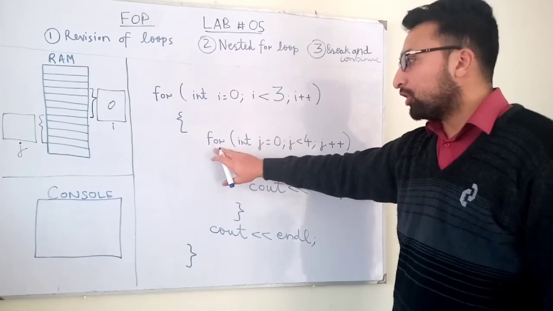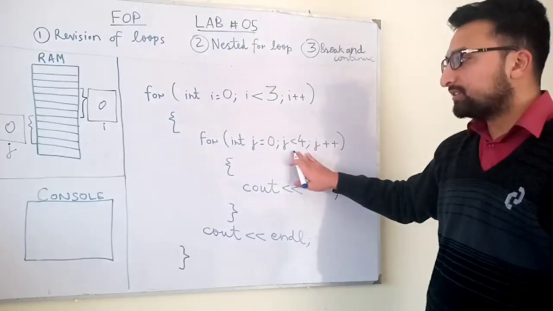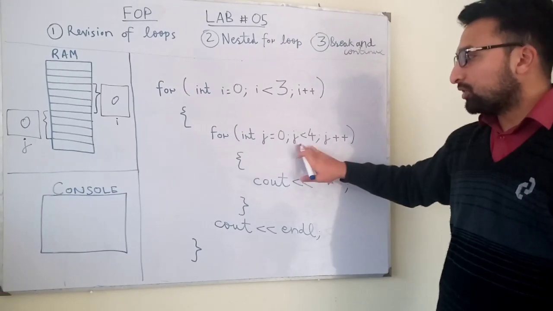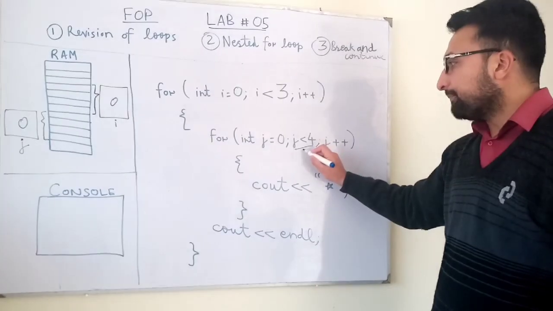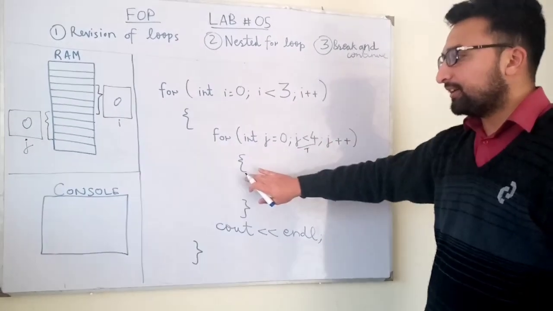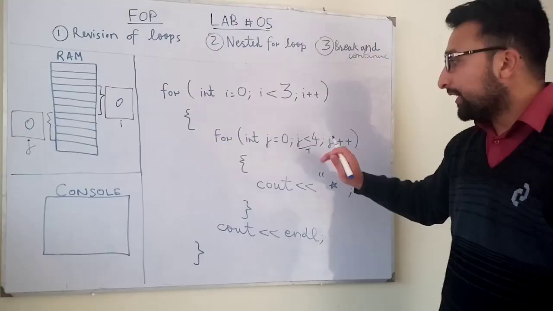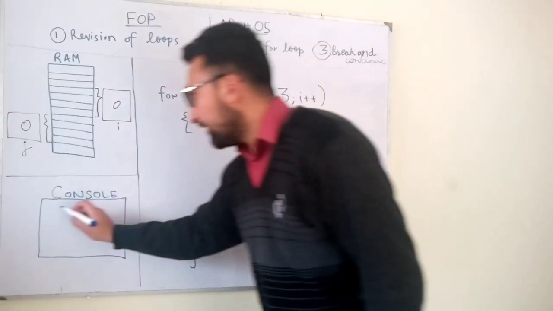In the inner for loop, a variable j is initialized to 0 as well. Now j is evaluated for less than 4, whereas i was evaluated for less than 3. 0 is less than 4 is a true statement, and when the for loop has a true statement, it comes inside the brackets for the execution of its body. Here a star gets printed on the screen.